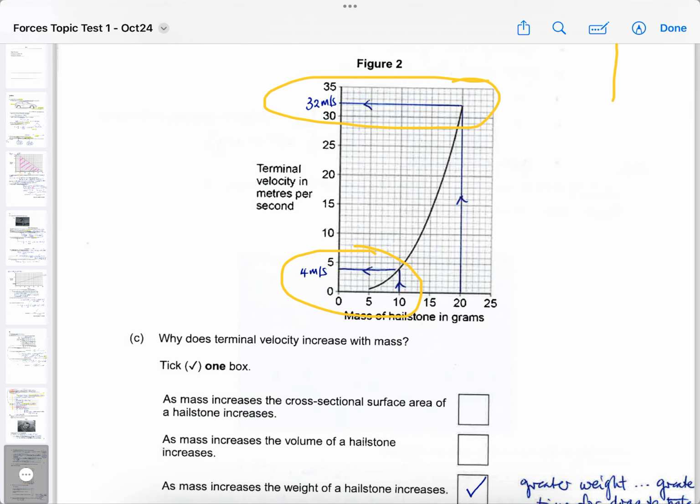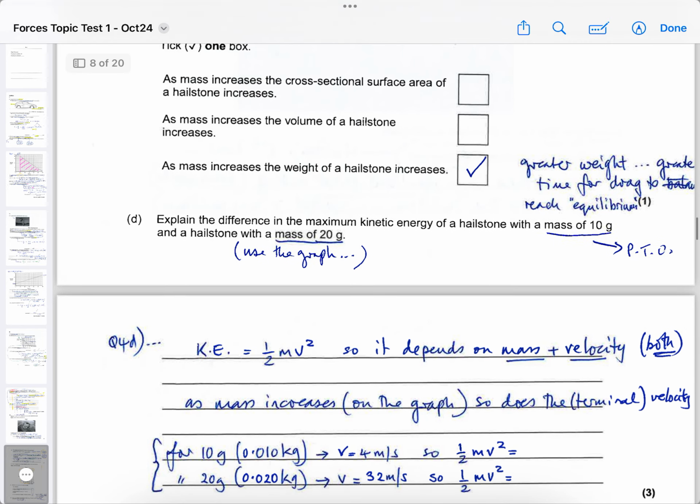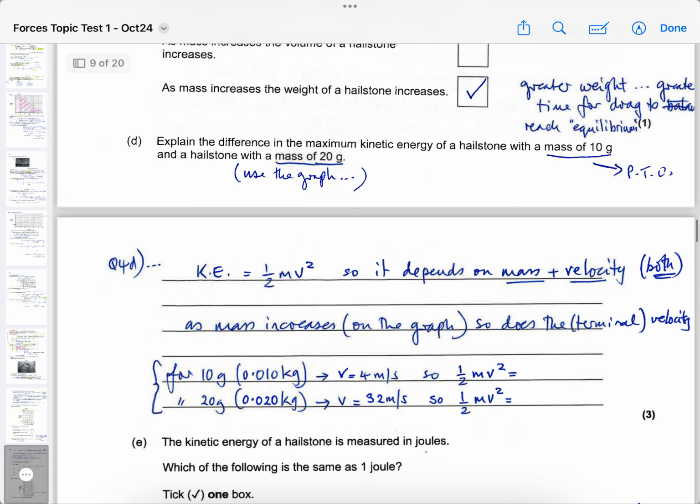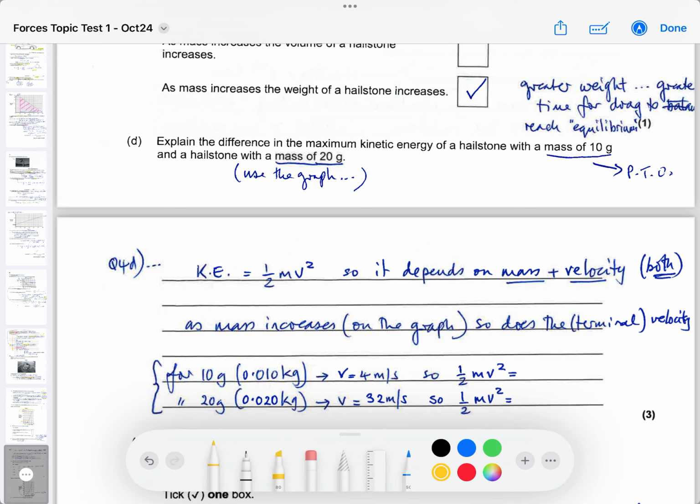So one's 4 meters per second, one's 32 meters per second. What does the question say? Explain the difference in the maximum kinetic energy of a hailstone with a mass of 10 grams and a hailstone of 20 grams. Well, kinetic energy is half mv squared, so it depends on the mass and the velocity. As mass increases on the graph, so does the terminal velocity. That's what I showed you, and then you show that the difference is from 4 to 32, so you could actually work it out, but I think you can do it without working it out.